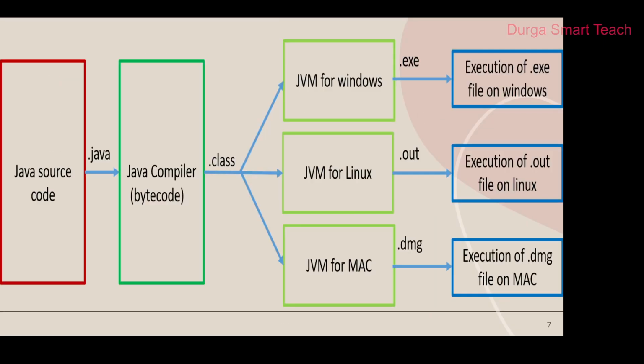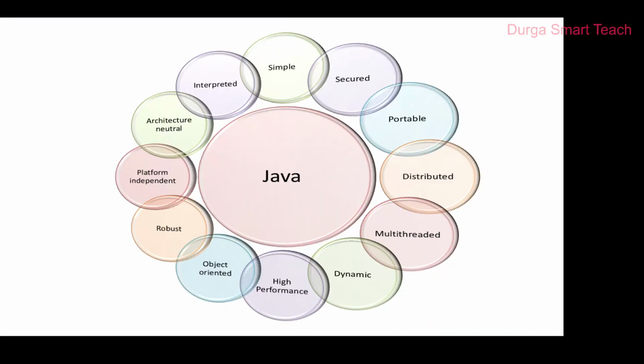Some of the features, simple is completed, secure, portable. Portable means we can carry from one system to another system. Distributed is also the same. Next one is multi-threaded. Multi-threaded is nothing but in one program, we can perform multiple tasks by using the multi-threaded feature.